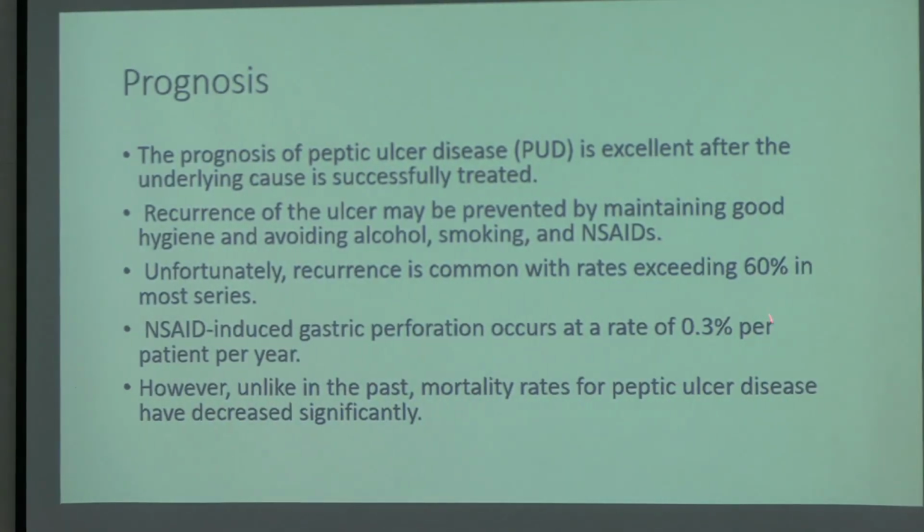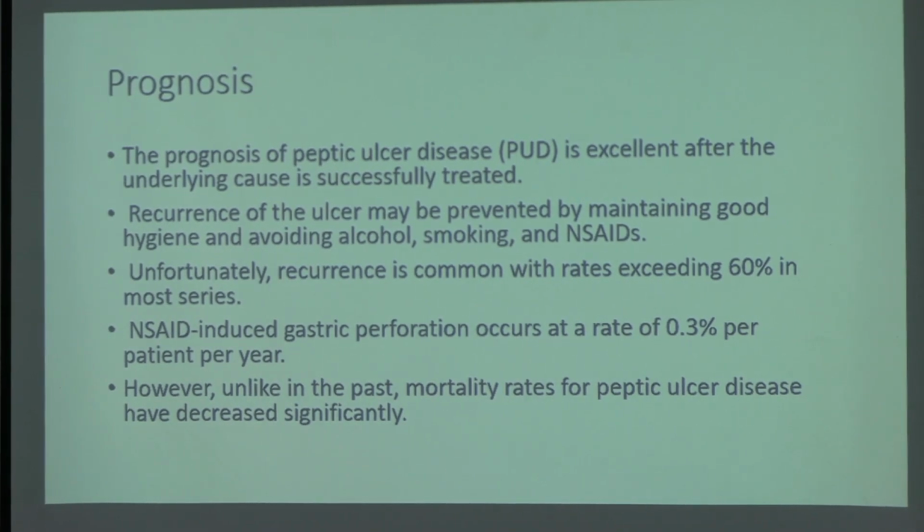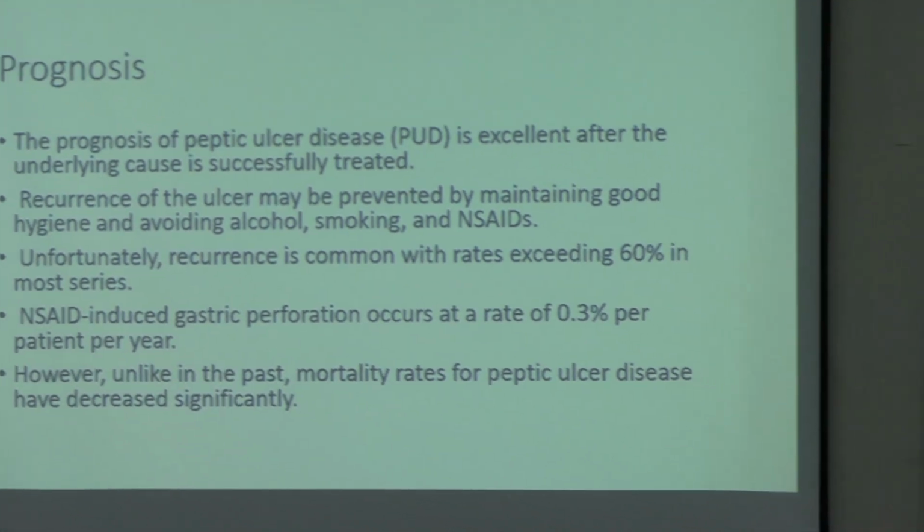perforation also occurs at 0.3 patient per year. NSAID related perforation is drug induced. This is very bad. If drug induced gastric ulcer is there, and perforation is there, the prognosis is very bad.